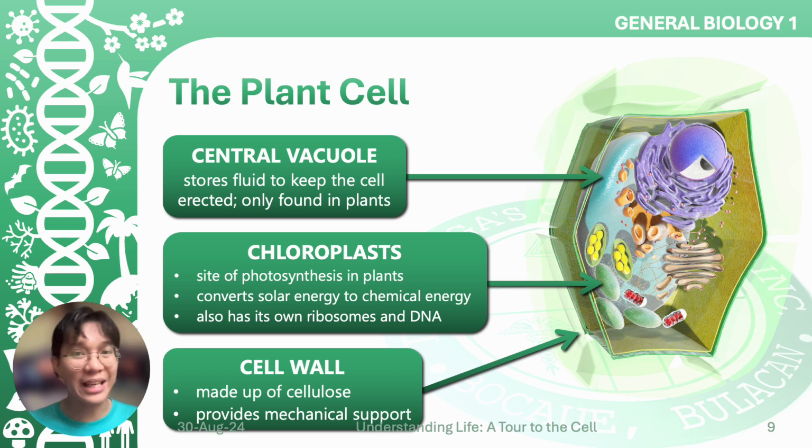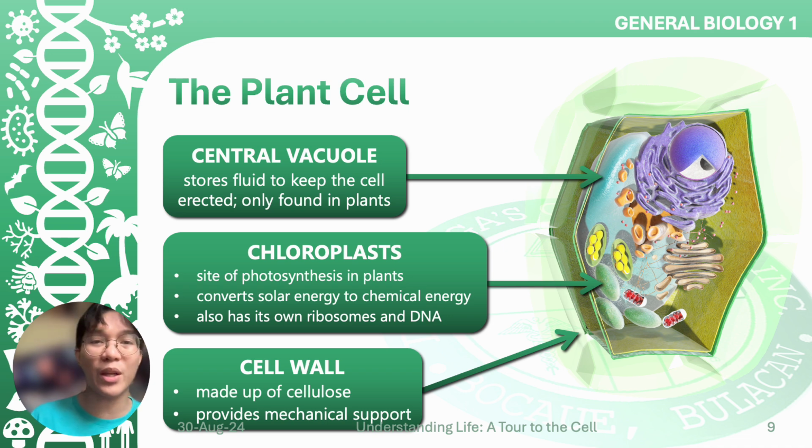At the same time, that keeps the mechanical support of your plant so that it can stay erect. And we also have your central vacuole, which also has a role to play in the mechanical support of your cell walls. But we will be discussing that in our future lectures.